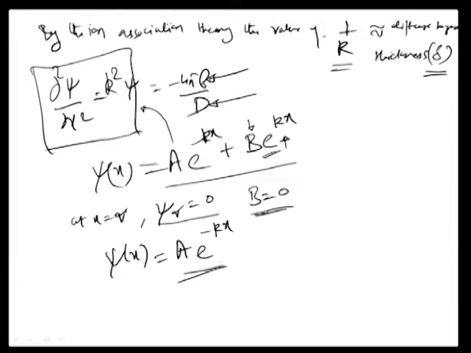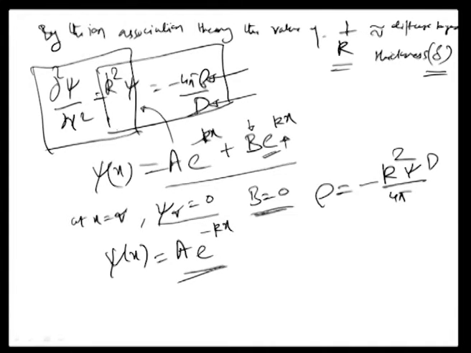Simultaneously again the rho, which is represented by minus square of k times xi d by 4 pi, looking at these two parts of this equation, can be written down as minus a times square of k times d by 4 pi e to the power of minus k x.